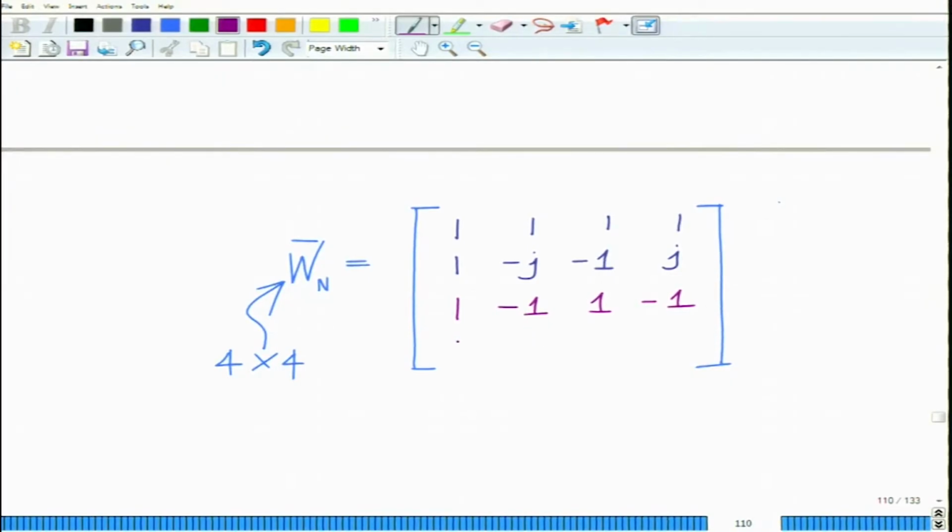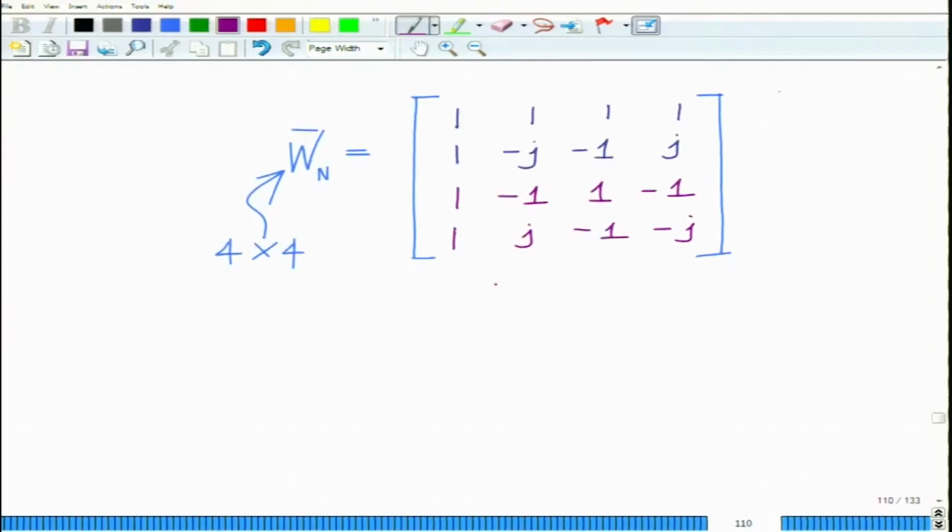And the last row, again you can write it by transpose symmetry, this element will be j, because remember this is the 4 comma 2 element, that will be the same as the 2 comma 4 element. This element is 4 comma 3, that will be the same as 3 comma 4, and the last element is Wn raised to n minus 1 square. So, that will be Wn raised to the power of 9, and you can see that will be minus j, you can check this.